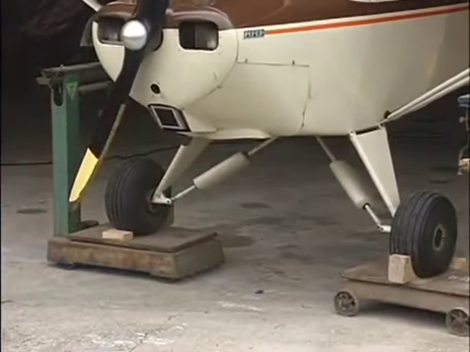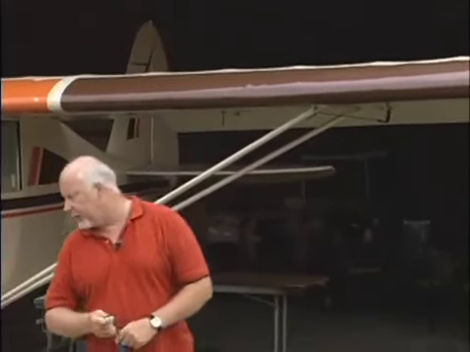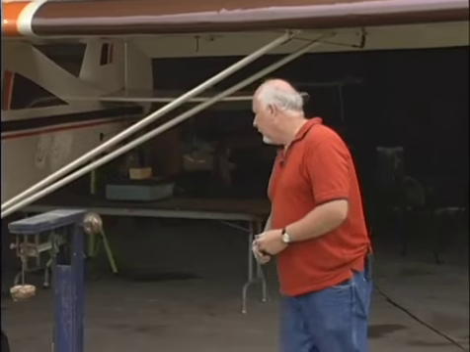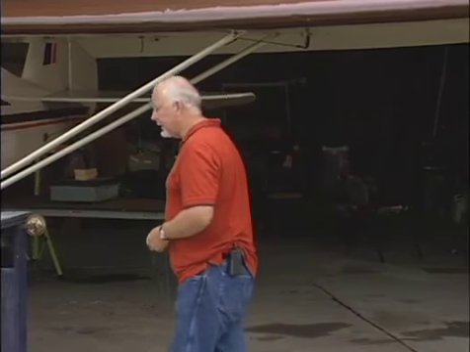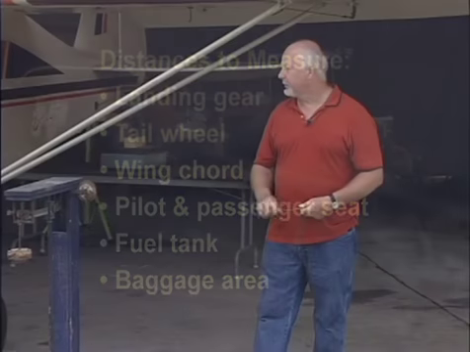We went back to the tail, did the same thing, and then we took a chalk line, joined the two, and then we started measuring all our distances of what we really need to know. We need to know the distances of our landing gear, our tail wheel, the chord of the wing, the pilot seat, the passenger seat, our fuel tank, and our baggage area. This aircraft does have a baggage area in it.